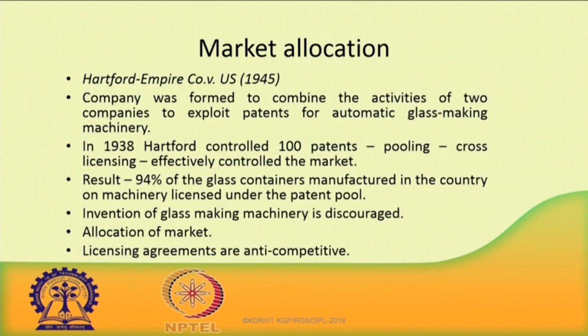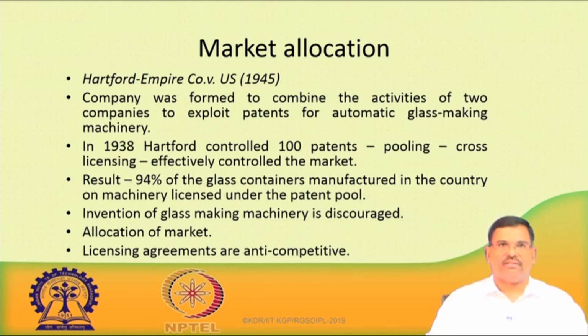The first case of market allocation is the Hartford Empire Company case versus US in 1945, one of the early cases. Here the companies combined together to exploit the patents for automatic glass making machinery.